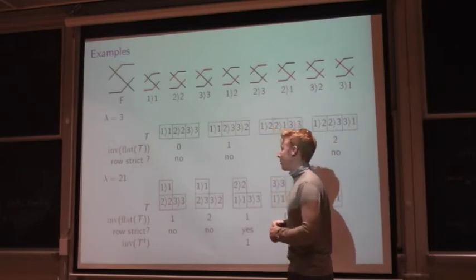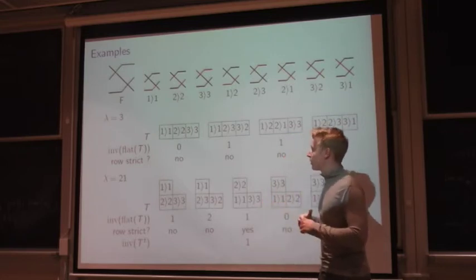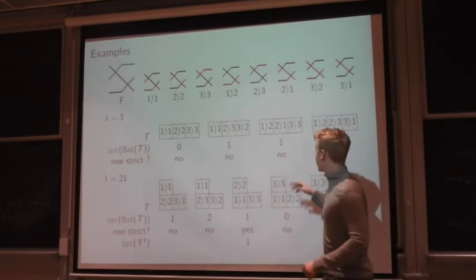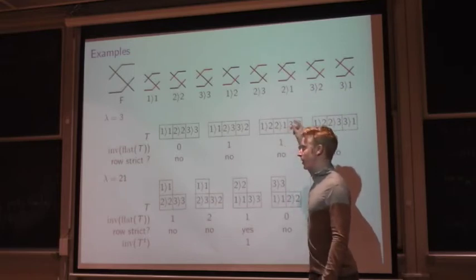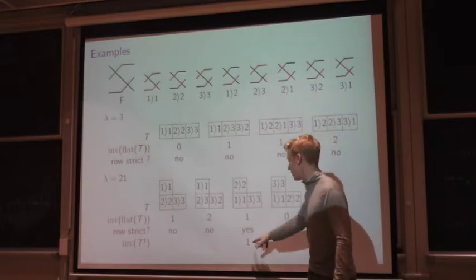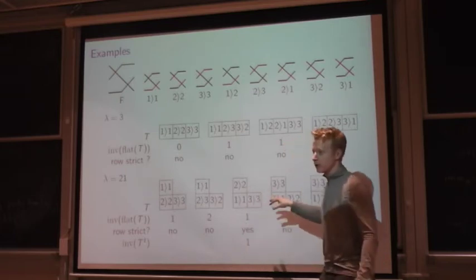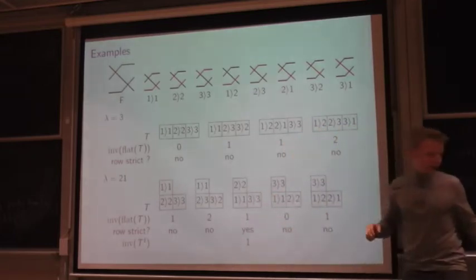Then we need to figure out whether they're row strict, and how many inversions there are, all of them flattened, to do the eta immanent. And if they are row strict, we need to know how many inversions are on the transpose to do the epsilon immanent.